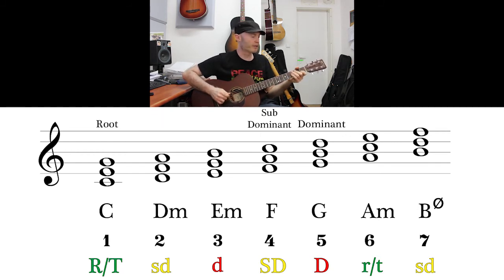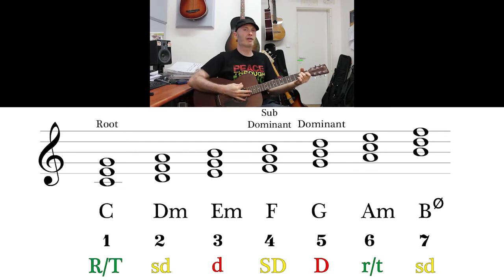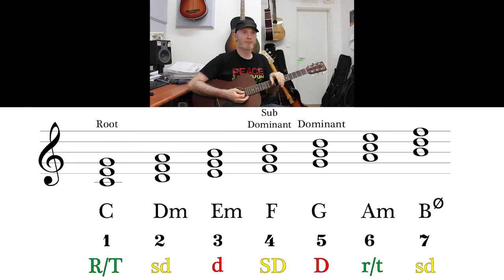This is an A minor scale. It's the same notes started at a different place. So in A minor, the A will be the minor root. E minor will be the dominant of that scale, the dominant minor, and D minor will be the subdominant minor.